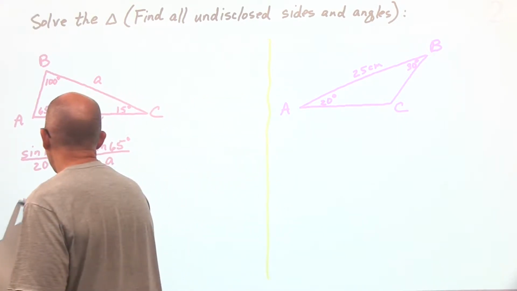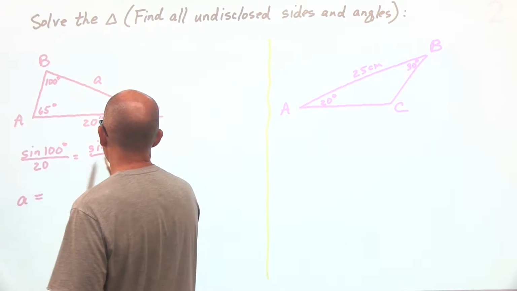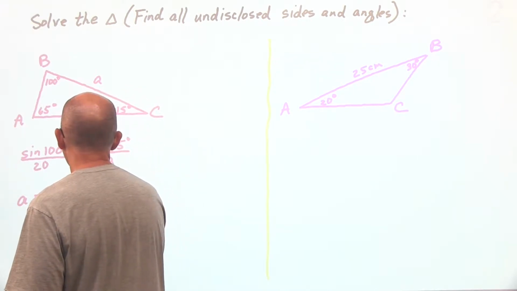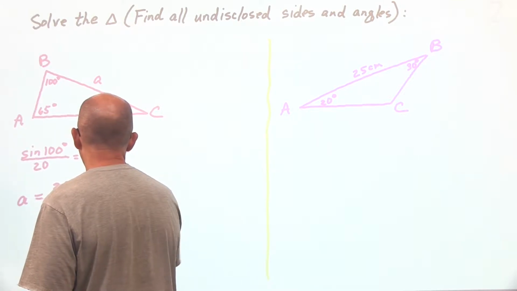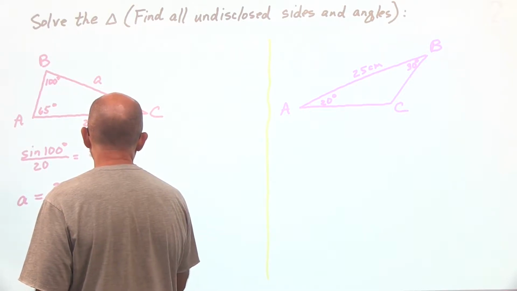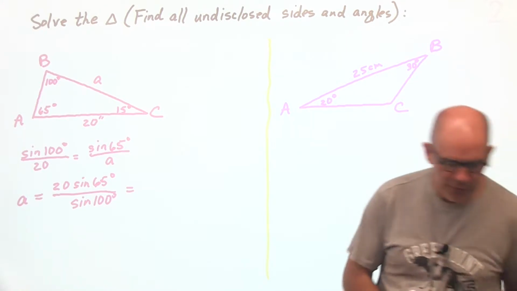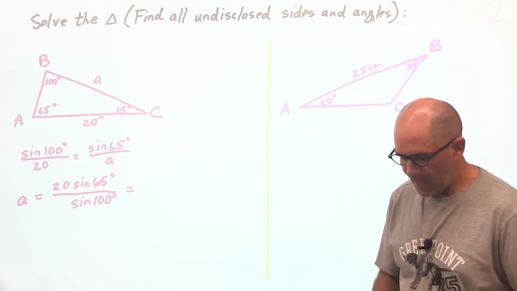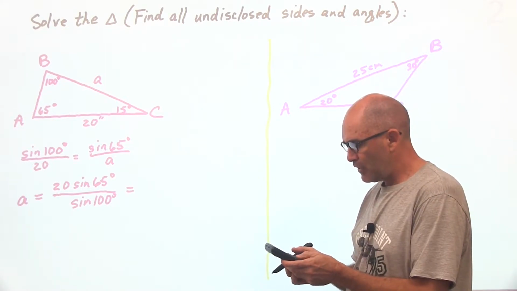So basically A is going to equal 20 times sine 65 divided by sine of 100. So we go to our trusty calculator and we punch out sine of 65 degrees.